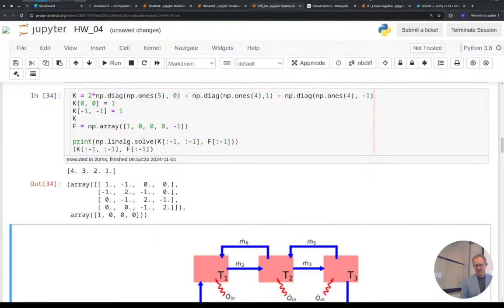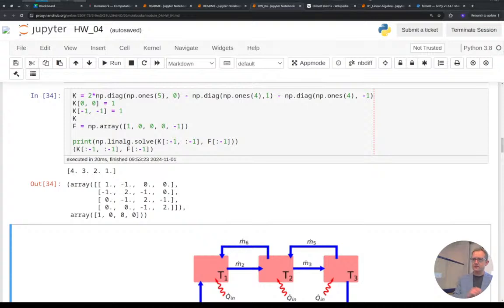So my input was those first 4 rows, 4 columns of k, and then just those first 4 inputs of f, so that I could actually get an output of 4, 3, 2, 1. It works, and it's pretty fast.